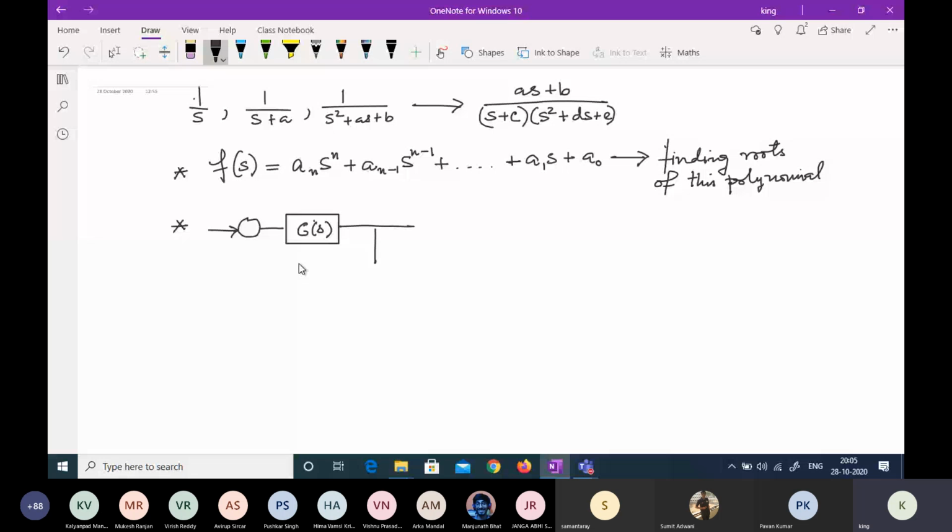I'm just using it on my local computer. Can you see now 1 plus G(s)H(s)? Not even the drawing is complete. Okay, let me log in and log out.